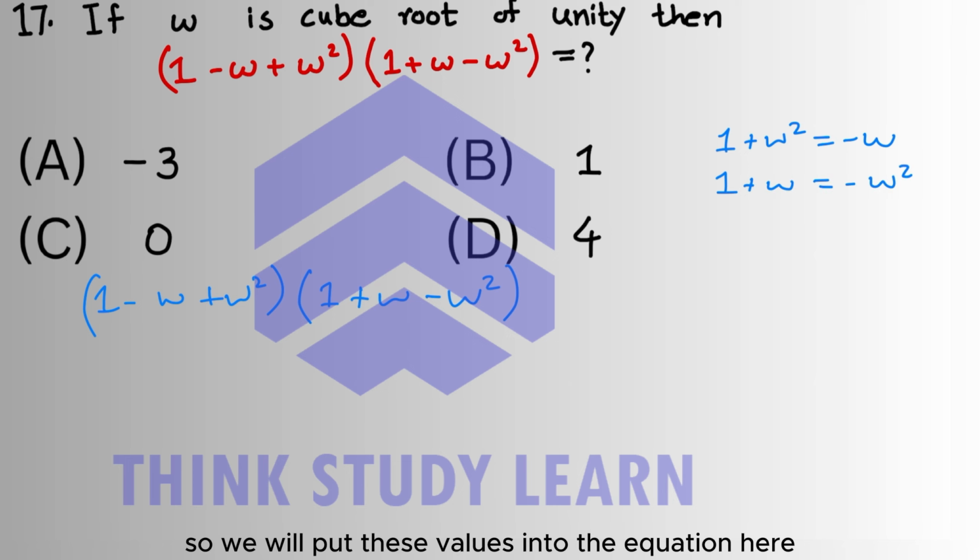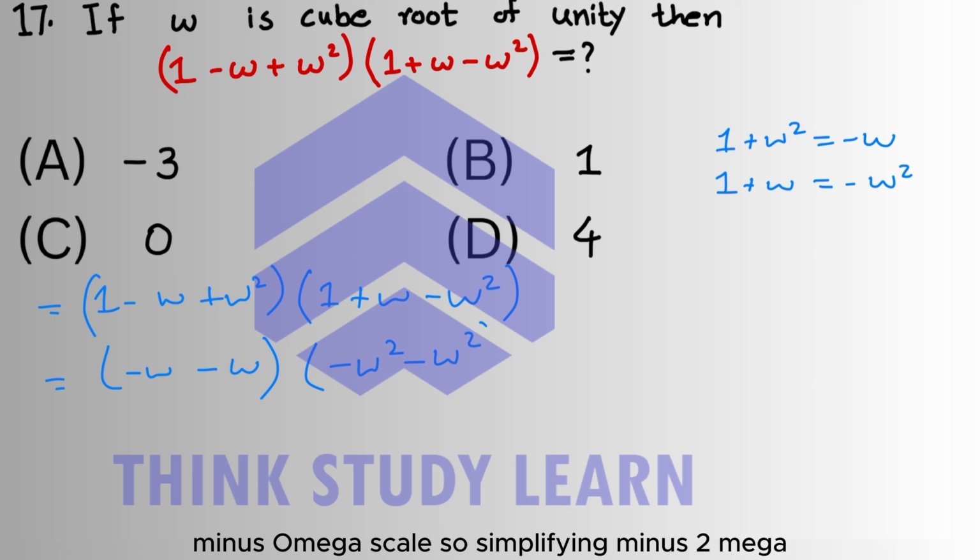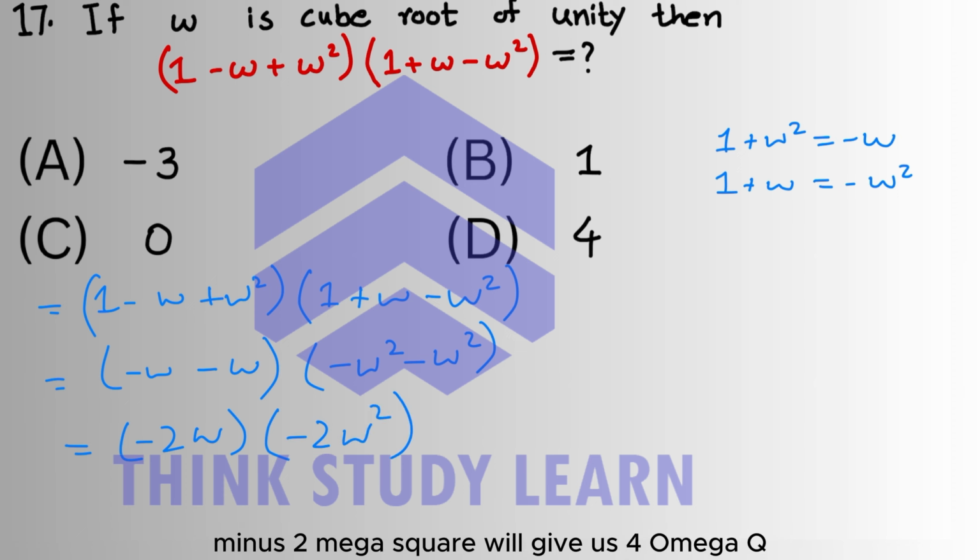So we will put these values into the equation here. Putting these values will give us minus 2 omega into minus 2 omega square. So simplifying, it will give us 4 omega cube.